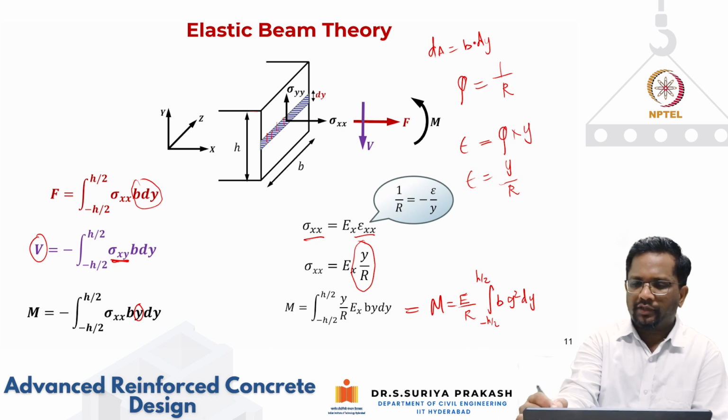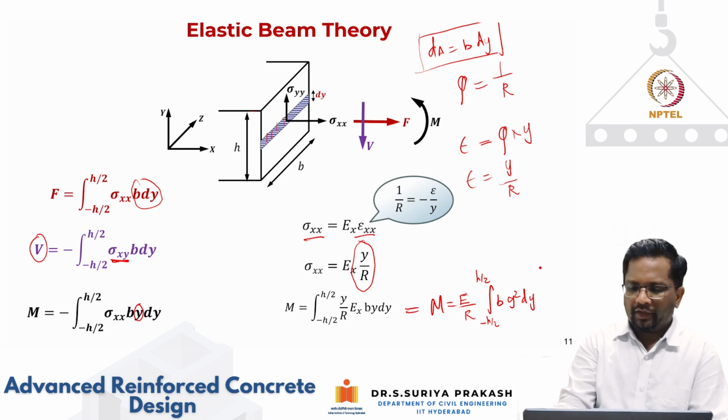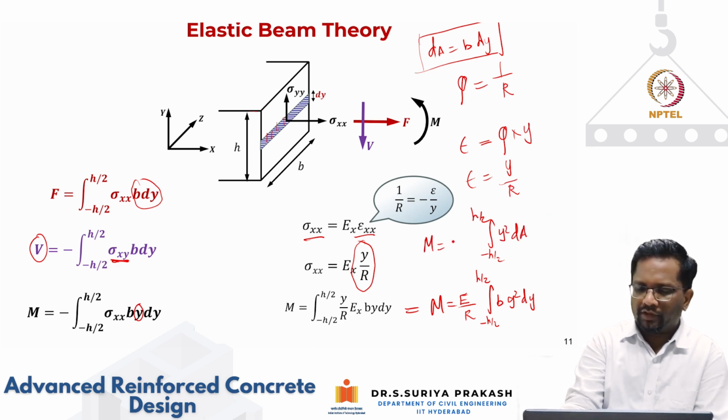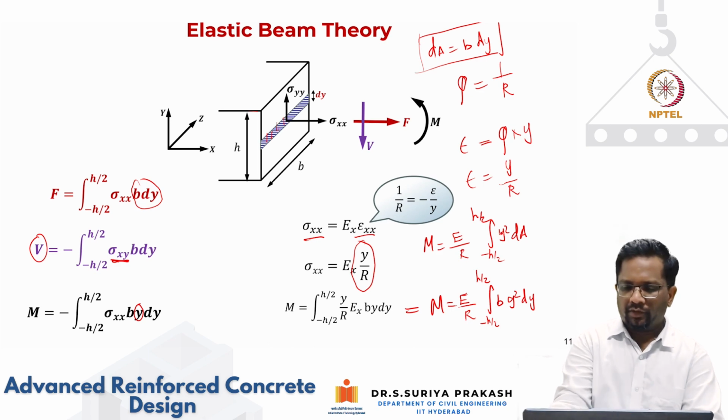Now, what is this b into dy? b into dy is nothing but your elemental area. So in other words, M is E by r times the integration from minus h by 2 to plus h by 2 of y square dA.